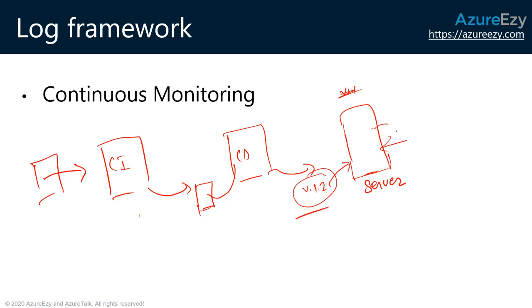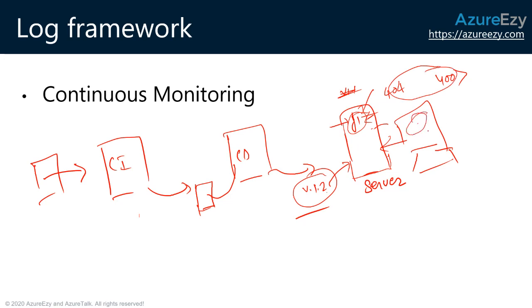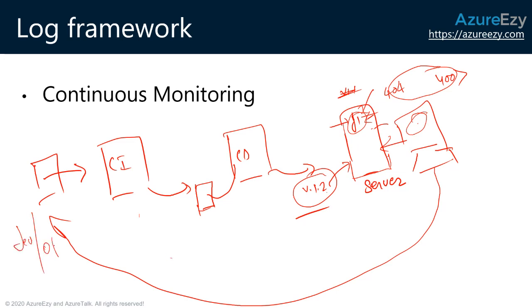As soon as you see some information that, okay, we introduced a feature F1, but users are not using it, or when users click on it they get a 404 error, or when there are more than 400 users, this feature 1 is not stable. Any kind of situation may arise. All these things you need to continuously monitor, so that you can send it back to your developers or operations about the behavior that is happening.